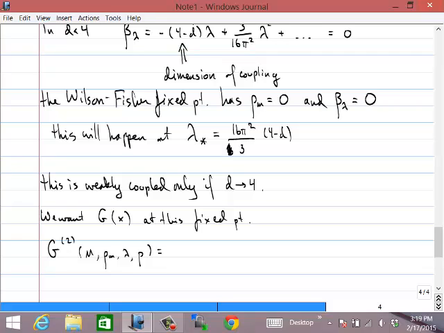So the first thing that we can do is we can use the fact that because rho and lambda here are dimensionless couplings, just by dimensional analysis, this can be written as 1 over p squared times some function of p squared over m squared.